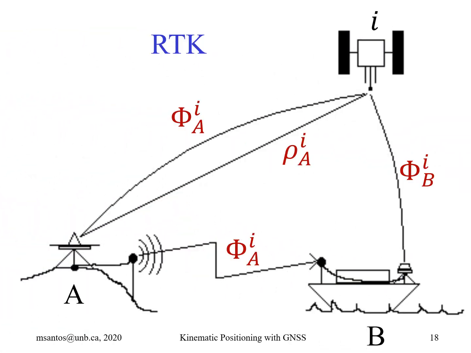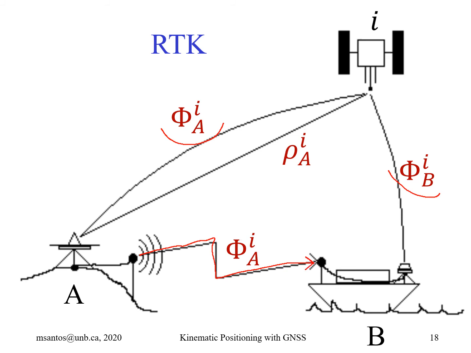We're using the same figure that we used before for DGNSS, for RTK. We have the same base stations A and B, the same satellite I, but here what we are observing is the carrier phase A, carrier phase B, and the transmission of observations will be either by radio or by internet.